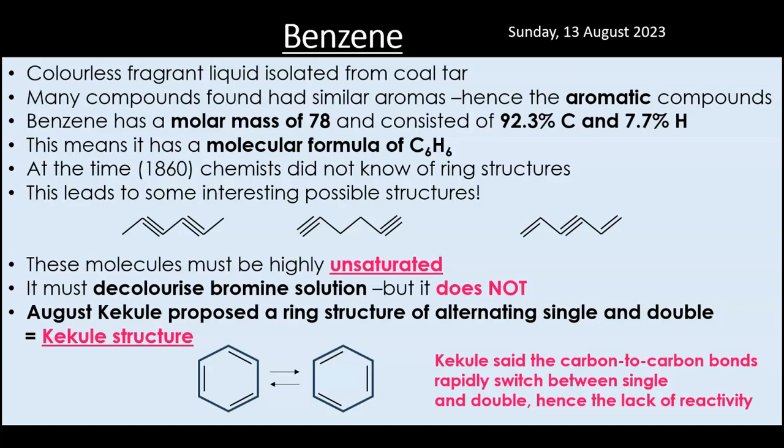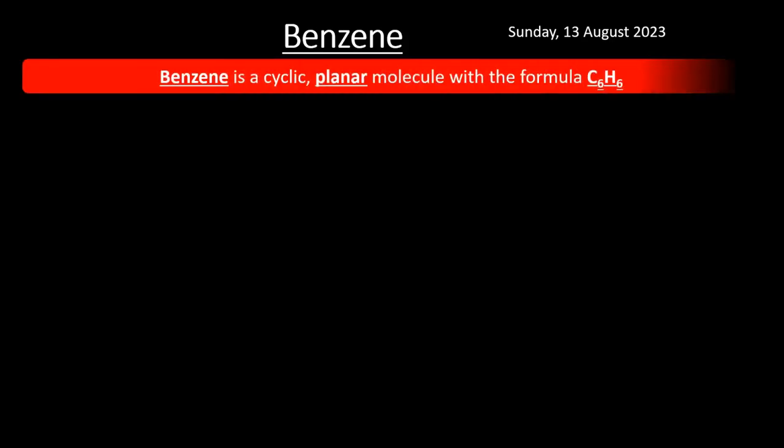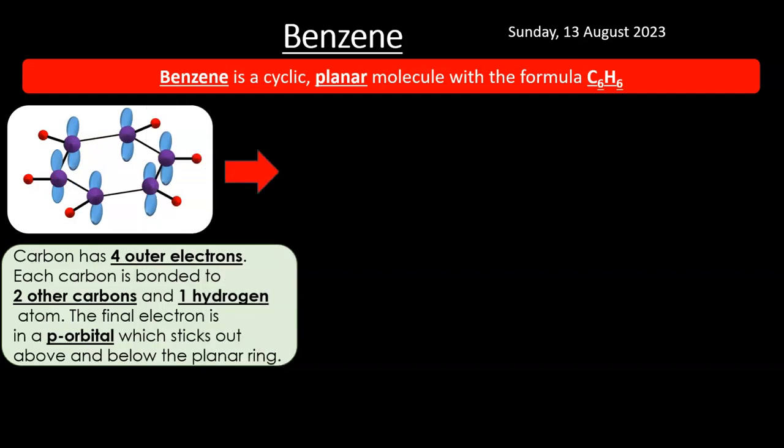Well, that's fine until our technology developed and we were able to do some proper measurements on the actual benzene molecule. One thing we were able to decide from X-ray crystallography studies was that benzene is indeed planar, flat, with all the 6 hydrogens and 6 carbons in the same plane.